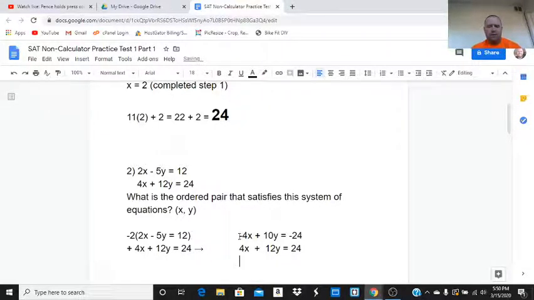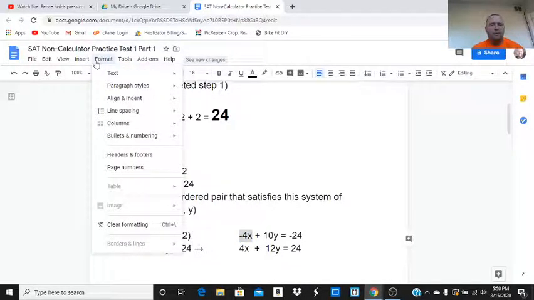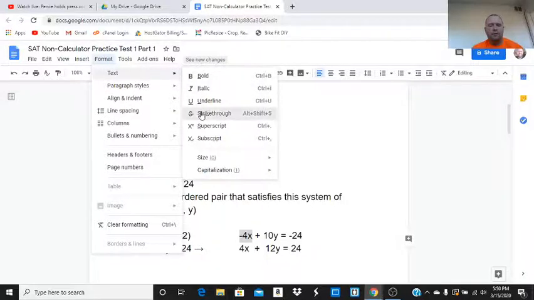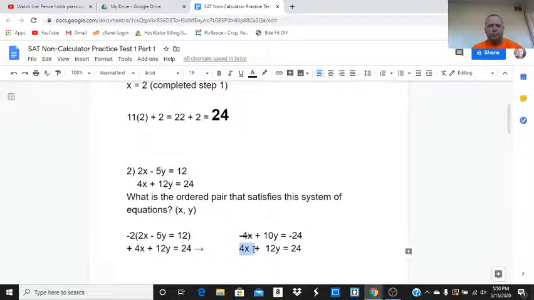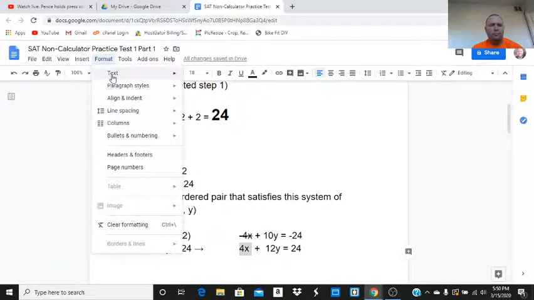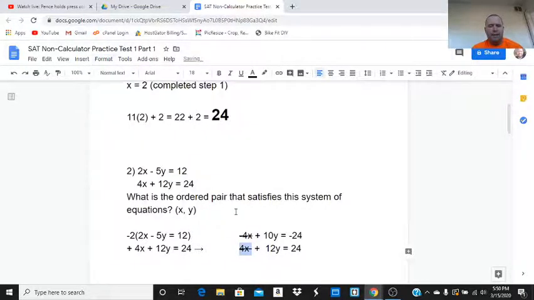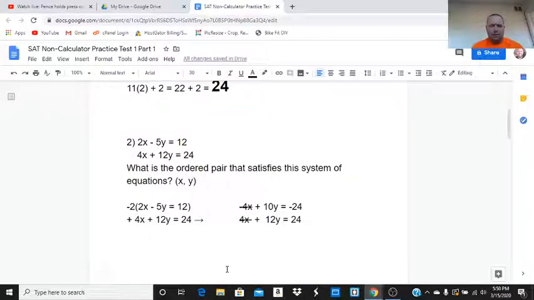The x's will cancel out. Okay, and we're going to be left with 22y equals 0. So we divide both sides by 22. We get y equals 0.